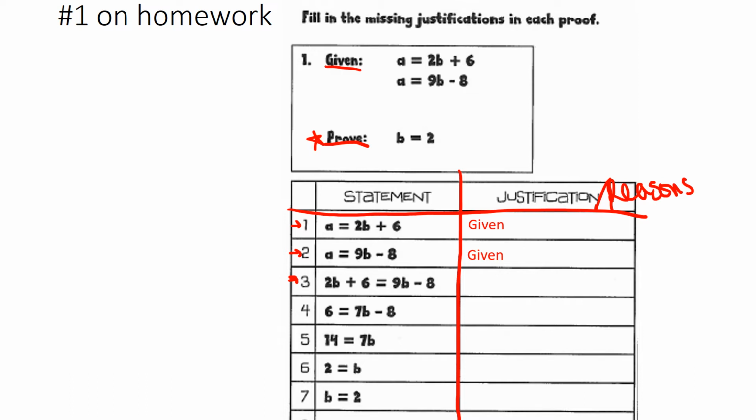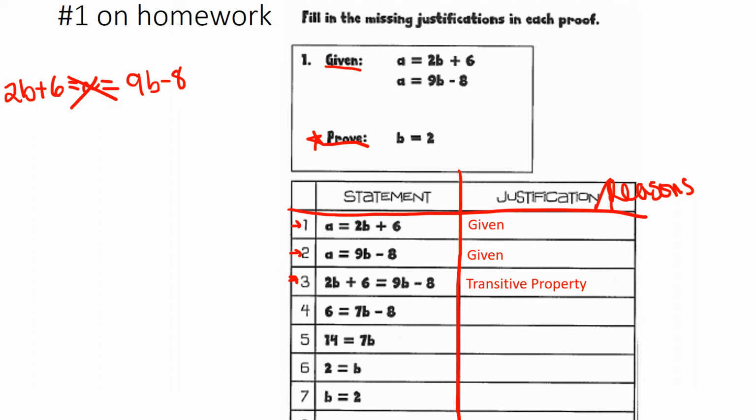Well, we know if we start on the left-hand side of statement 3, we have 2b plus 6. We knew from the given that that was equal to a, but we also knew that a was equal to 9b minus 8. So by the transitive property then, we got rid of the a and just said 2b plus 6 is equal to 9b minus 8.